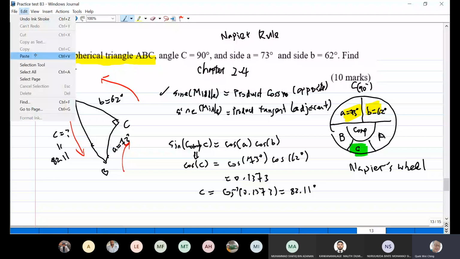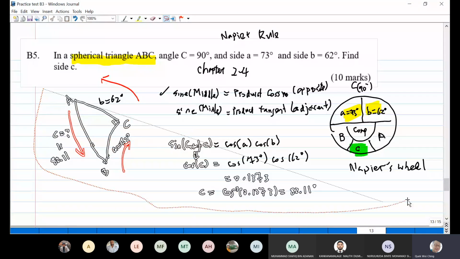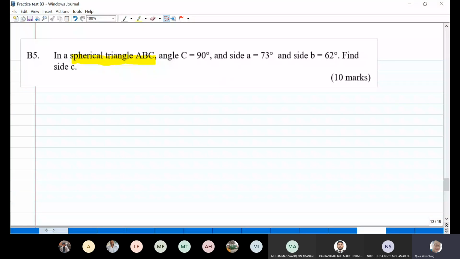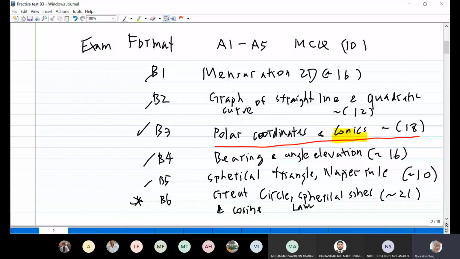Basically, B5 is everything about spherical triangles. Usually for a spherical triangle, we have the sine law or cosine law, depending on the triangle. If a triangle has a 90 degree angle, you use Napier's rule. If a triangle doesn't have a 90 degree angle, you can use the sine law or cosine law for spherical triangles.